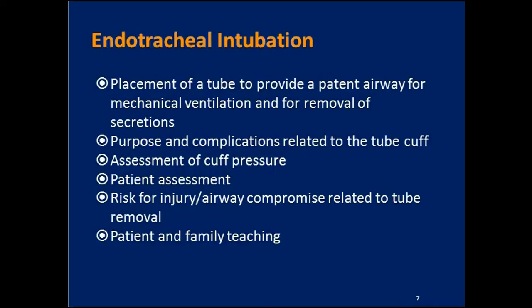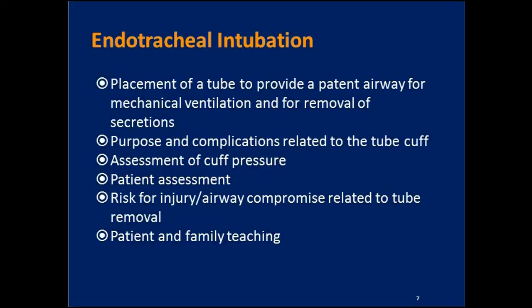Okay, the bottom line for placement of an endotracheal tube is that it is placed when we know that the patient cannot protect their own airway, or we see reasonable evidence that they are going to lose the ability to protect their own airway. So it's an artificial means of breathing for them, okay?